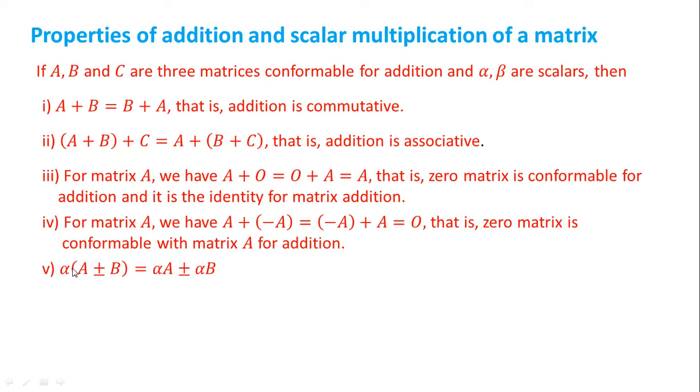It is the same as adding A plus B or subtracting A minus B first and then multiplying by alpha. Both LHS and RHS are the same. Just by an example you will get this idea. Okay, very clear, no problem.